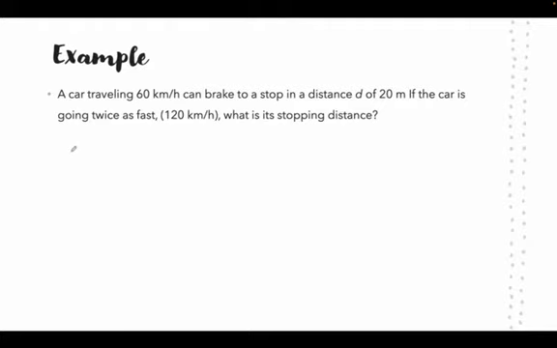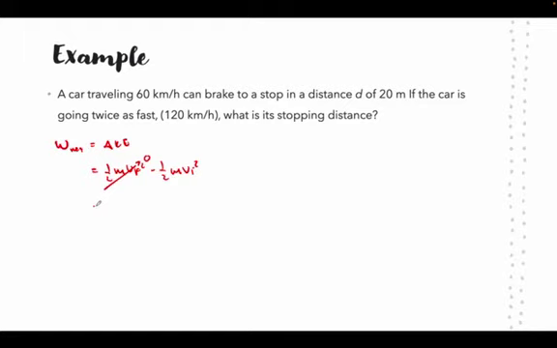So let's see. Here we have that the net work done on the car is going to be equal to the change in kinetic energy. So this is going to be equal to 1/2 m vf squared minus 1/2 m vi squared. Since the car is coming to a stop, then the final kinetic energy is 0.